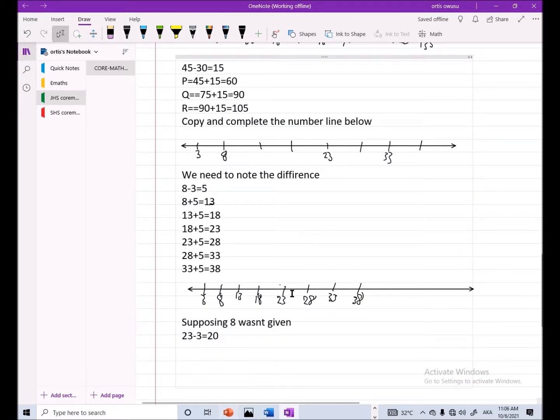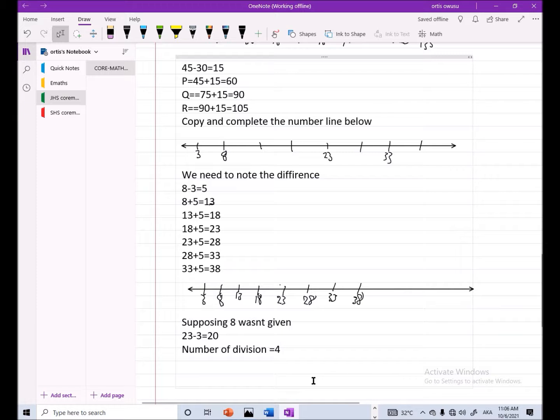Then we count the number of divisions to the 23, so we have 1, 2, 3, 4. Number of divisions equal to 4.